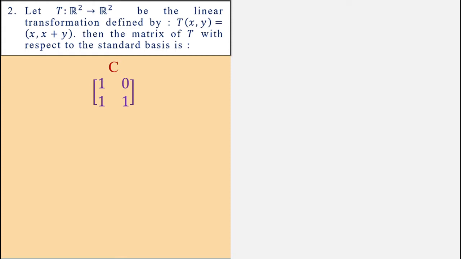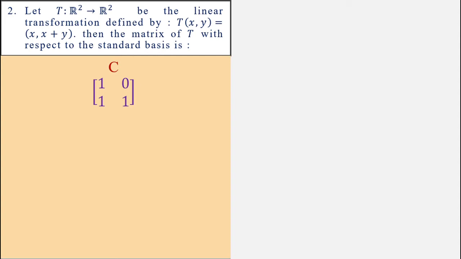The explanation is, as we know, the standard basis for R2 contains the vectors e1 is equal to (1, 0) and e2 is equal to (0, 1). To get the matrix of transformation, first of all you have to find the images of the standard basis vectors of the domain under the given transformation.